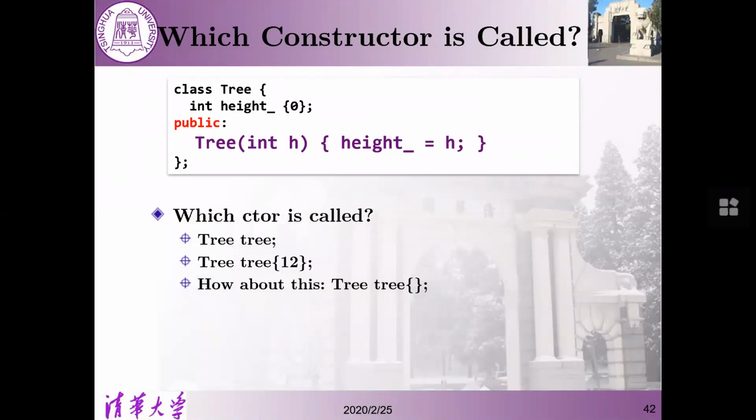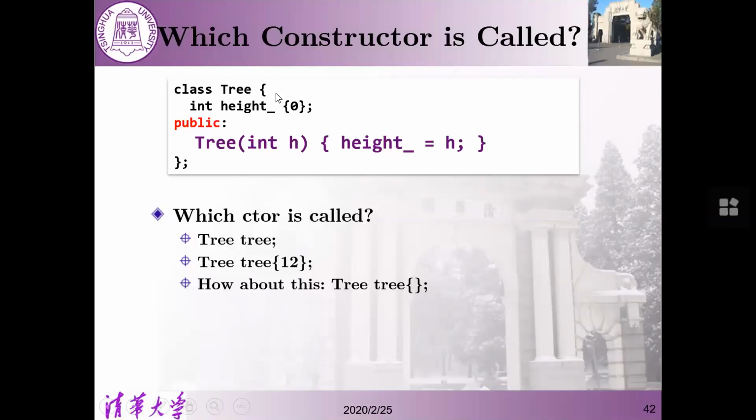Now, which constructor is called for this? We have class tree, and there's one constructor defined, no default constructor. We just learned that if we define a constructor, no matter what kind of constructor it is, the compiler will not generate the default one.